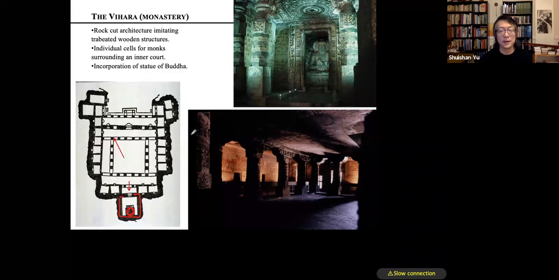And this is the case in India, and this is also the case in China and Japan. So basically, earlier monasteries were more associated with relics worshiping, the later ones more centered with the worshipping of a statue. And those statues are considered eventually as having the same magical power as the relics.